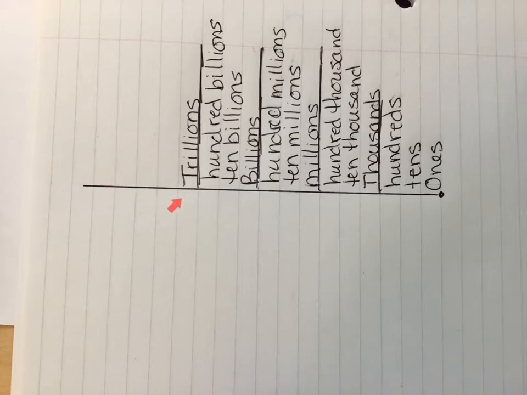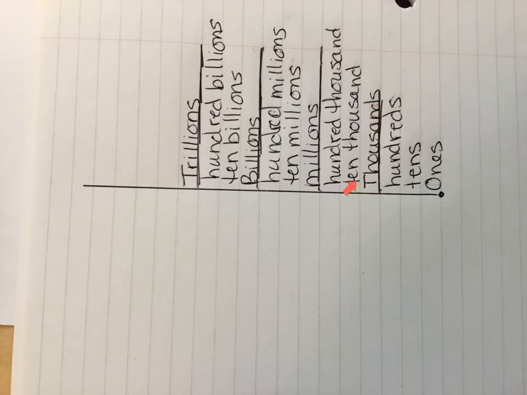I would like you to make a chart just like mine. I turned my notebook sideways. Here's that red line that I was talking about before. I turned my notebook sideways and I put a decimal right here, because you have learned already that place value goes this way, but after the decimal there's also place values, which we will learn later this week or next week. But we're going to put our decimal there, and then we're going to make this chart: ones, tens, hundreds, and then put a dark line.